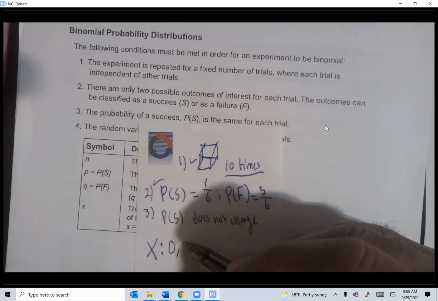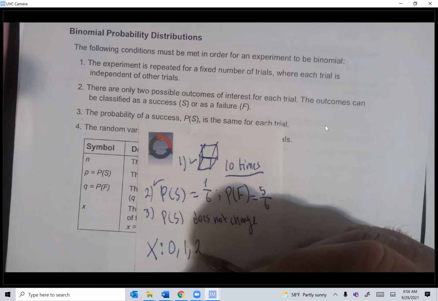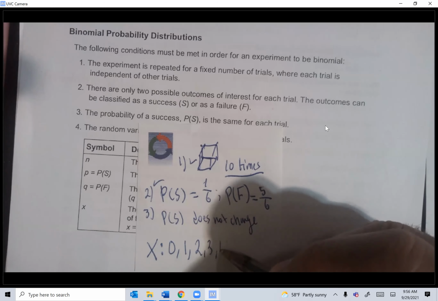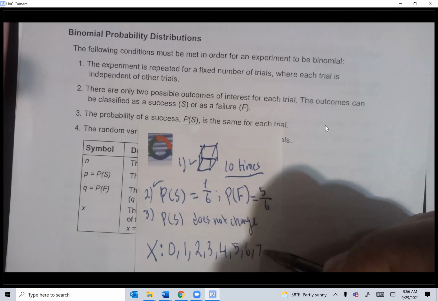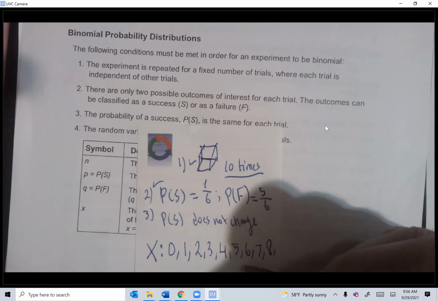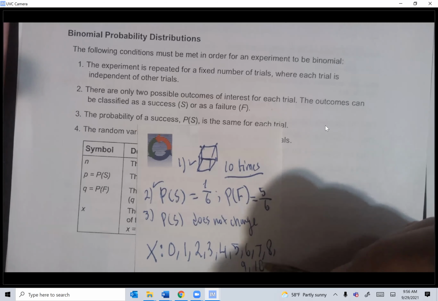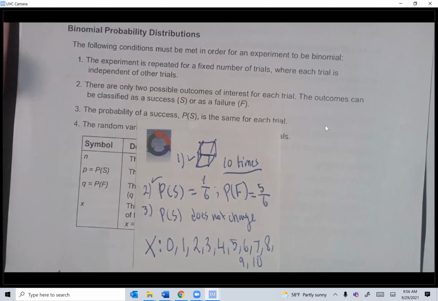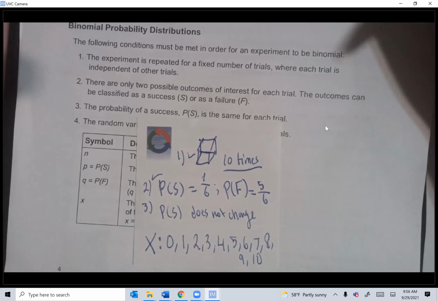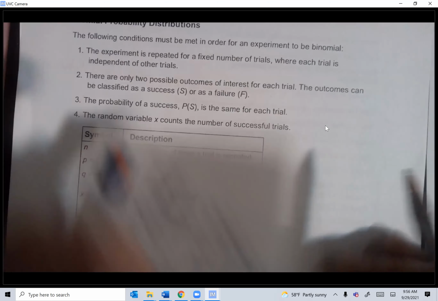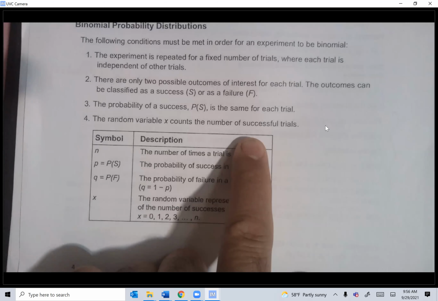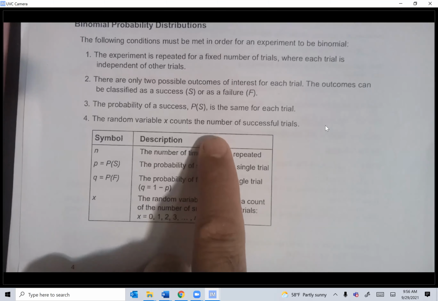There is a chance that you win 1 time, or 2 times, or 3, 4, 5, 6, 7, 8, 9, or 10 times. These are the possible values of the random variable X, which is the number of successes. The number of successes always starts at 0 and ends at the number of trials.